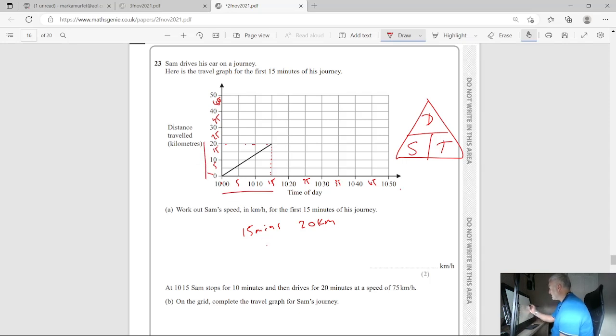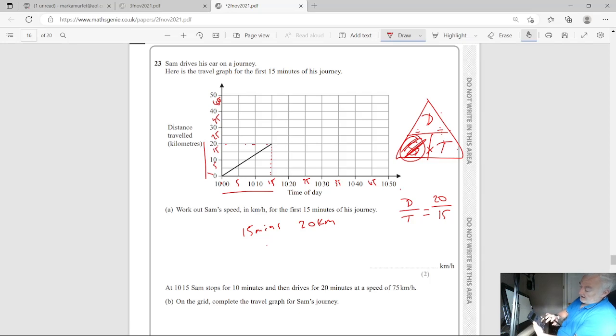We know the distance. We need to know the speed. So cover that up, and we've got distance divided by time. Remember, it's times if it's on the bottom, and then divide if it's coming from the top. So distance divided by time. That's what we're looking to do. My distance is 20. My time is 15 minutes.